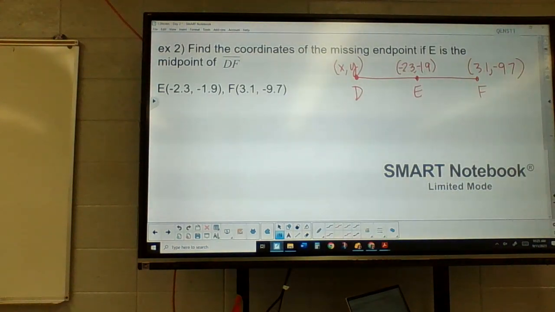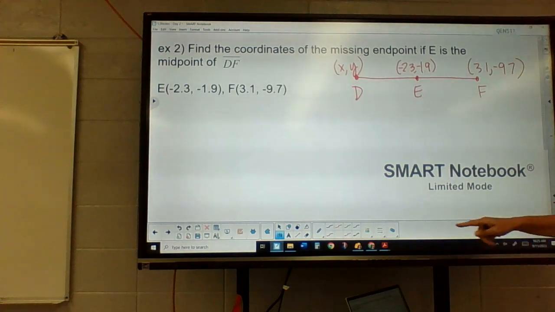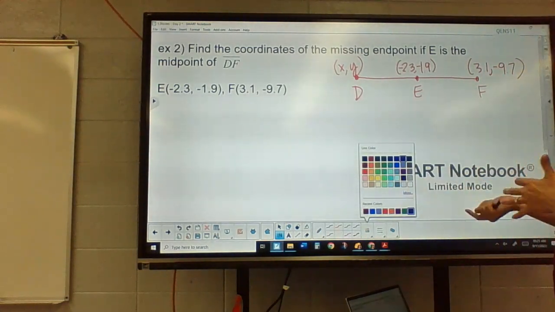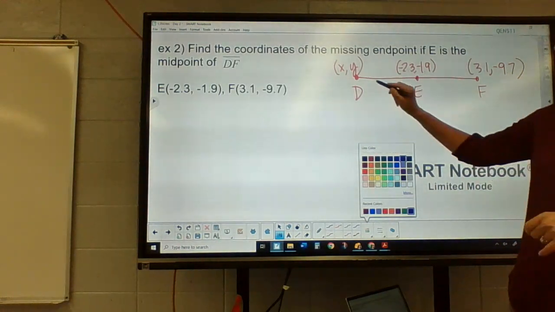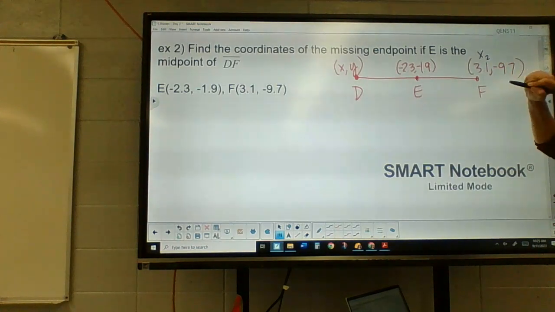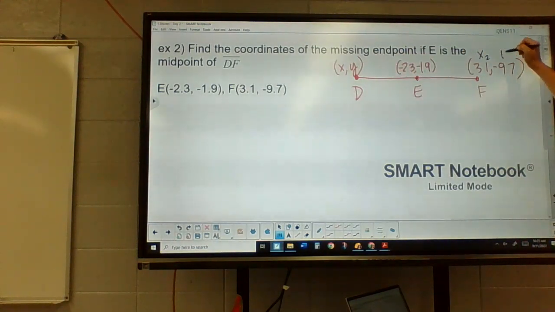So what I'd like to do is try what I call the longer way. I think it just makes a little bit more sense to someone who doesn't see it clearly initially. So this is my x, and then this is going to be my x2. Here's my y, here's my y2.